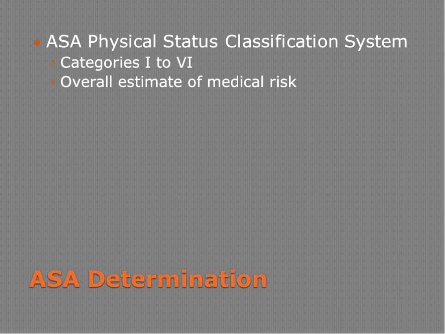ASA 3 is a patient with severe systemic disease that limits activity but is not incapacitating, or it's not controlled. So if I was on blood pressure medication but my blood pressure was 150/96, that would make me an ASA 3 category. I would refer that patient back to their physician. ASA 4 is a patient with incapacitating systemic disease that is a constant threat to life.